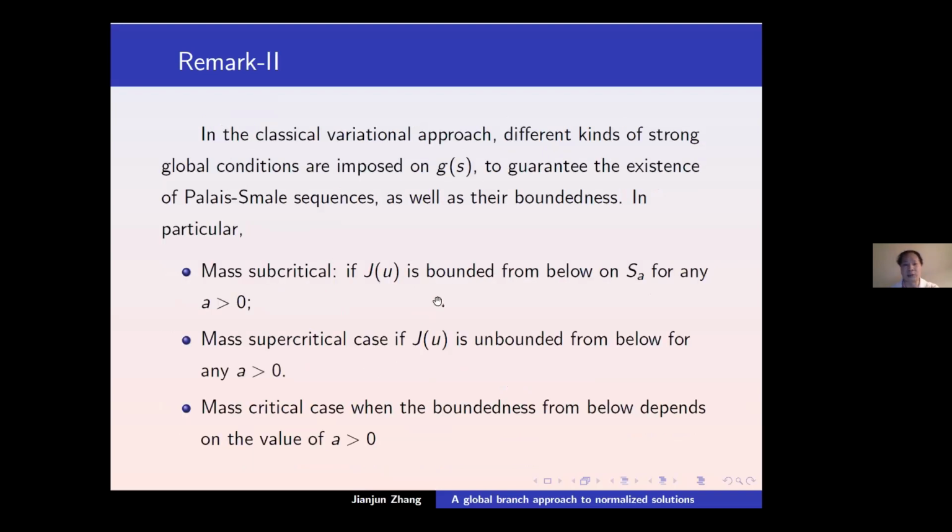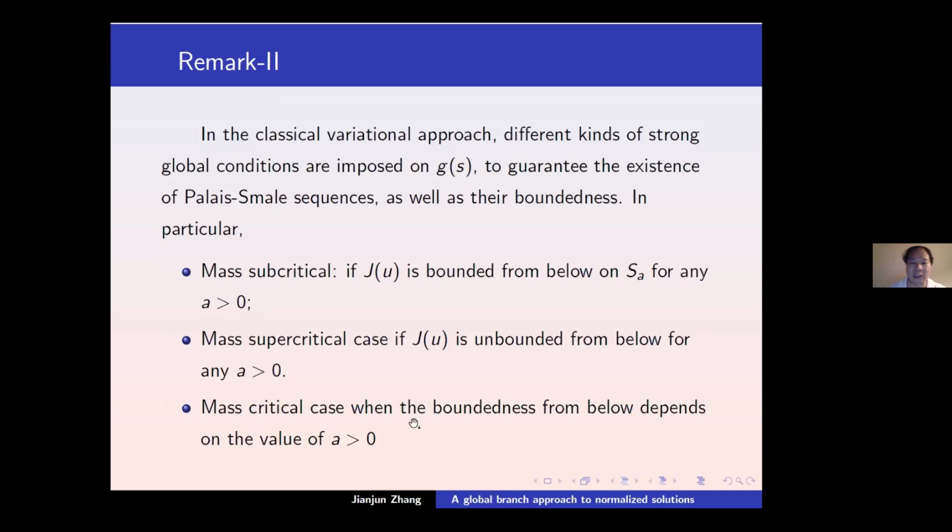Okay, because for the mass subcritical case, the energy function G of U is bounded from below on the sphere S of A for any A positive. For the mass supercritical case, the energy function G of U is unbounded from below for any A positive.